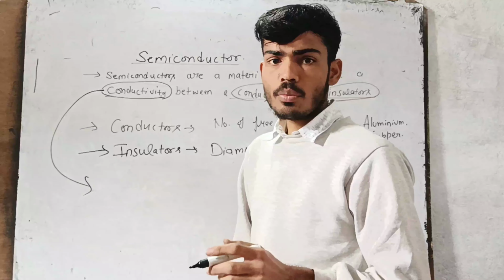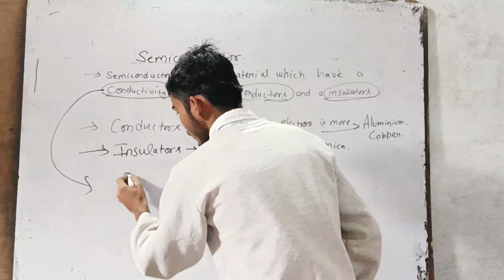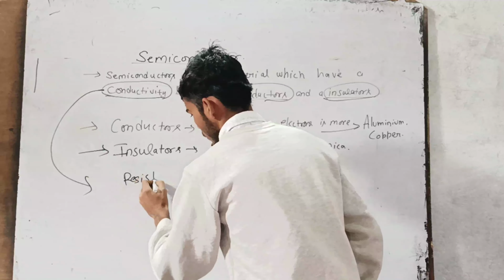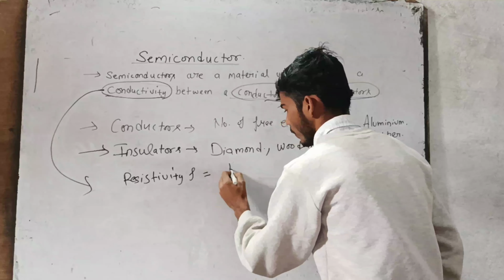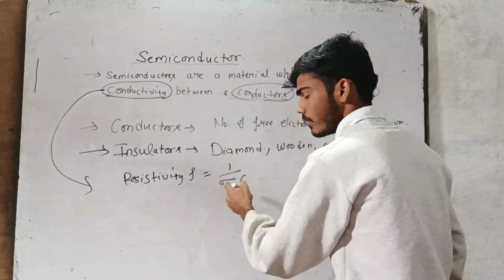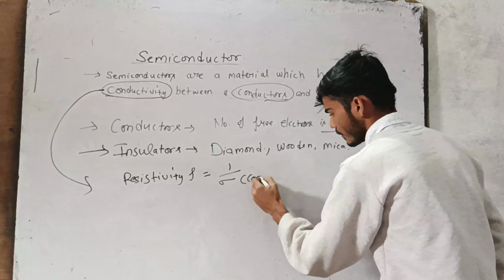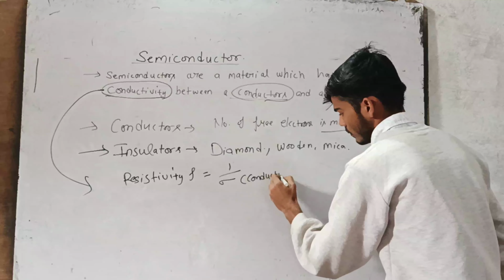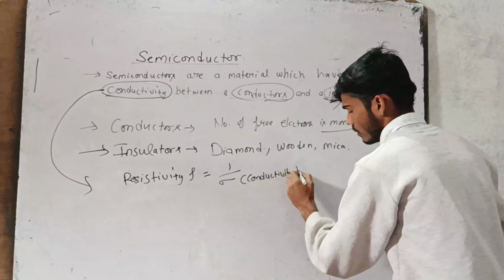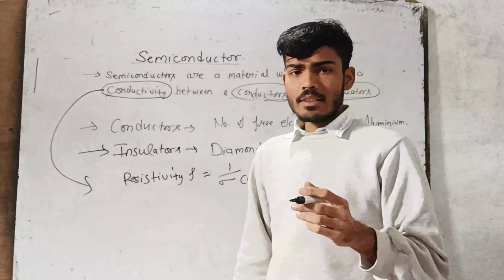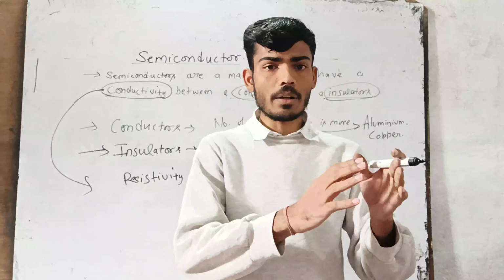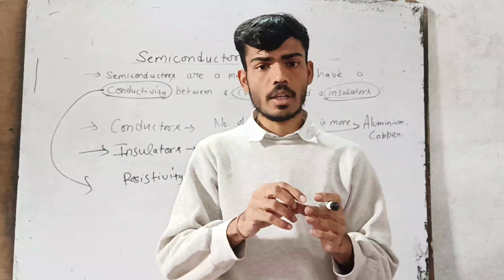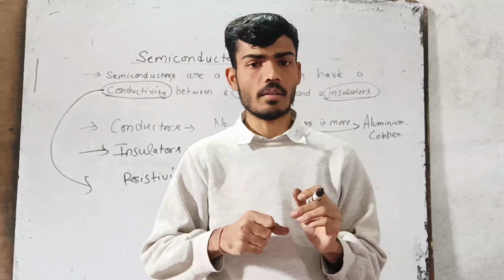Conductivity can be understood by resistivity. Resistivity rho equal to 1 by sigma. Here sigma is for conductivity. Resistivity is basically the property of a particular material. It varies from material to material.